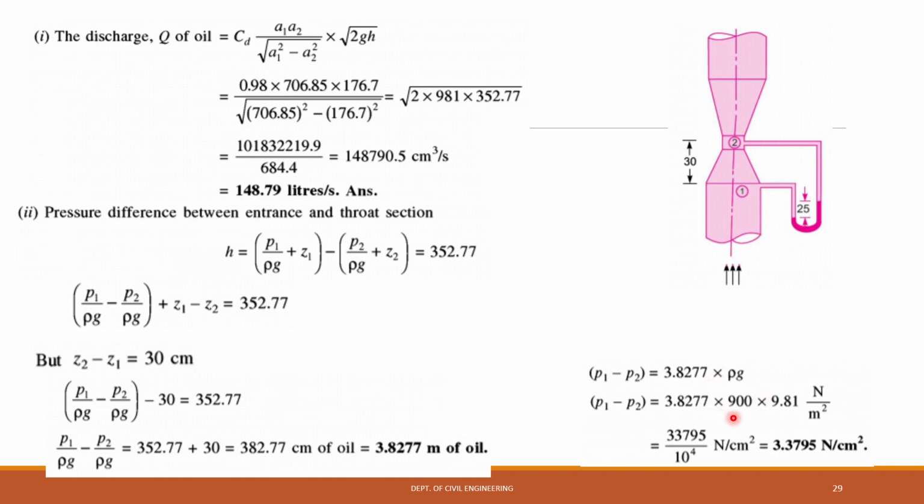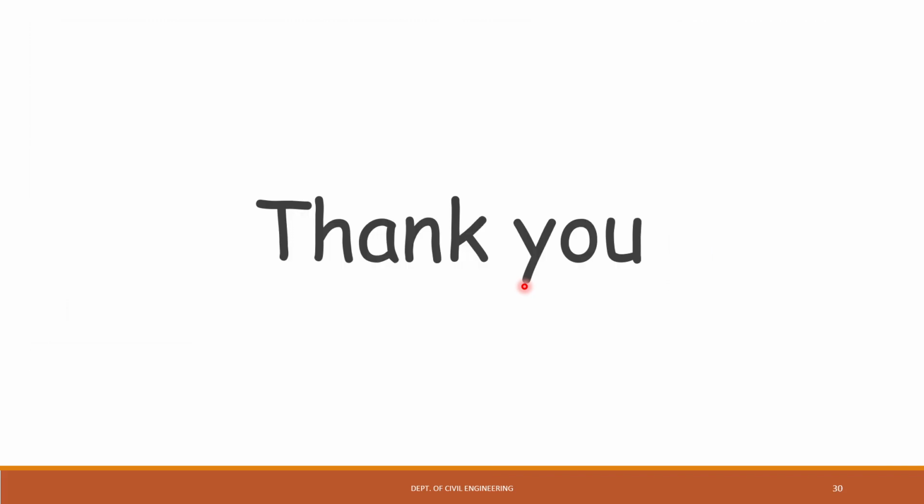So 900 is the density and g is 9.81. Substituting the values and simplifying, you'll be getting the pressure difference as 3.3795 Newton per centimeter square. So this is how you do vertical venturimeter problems.